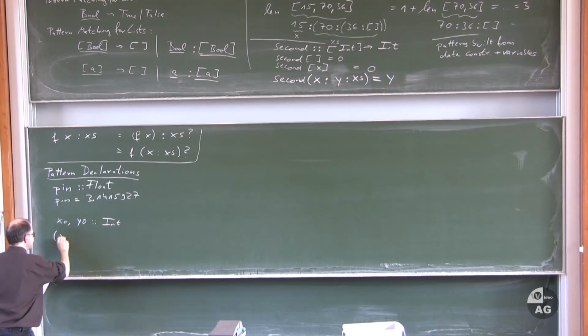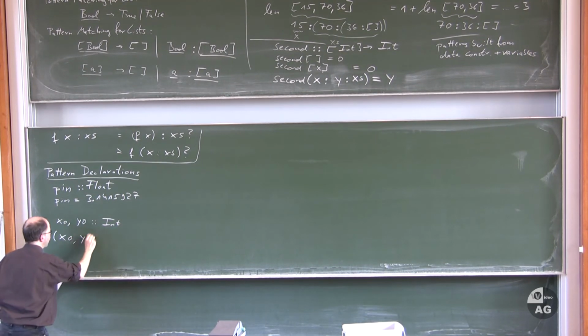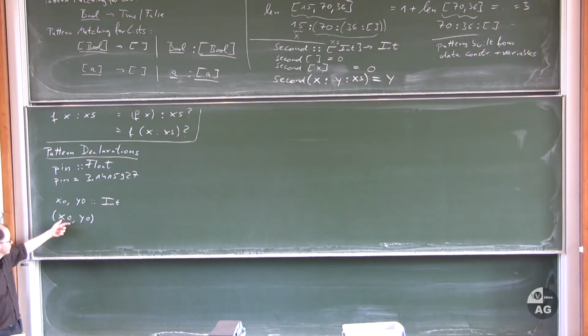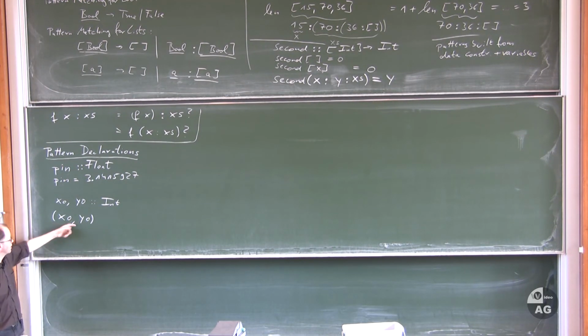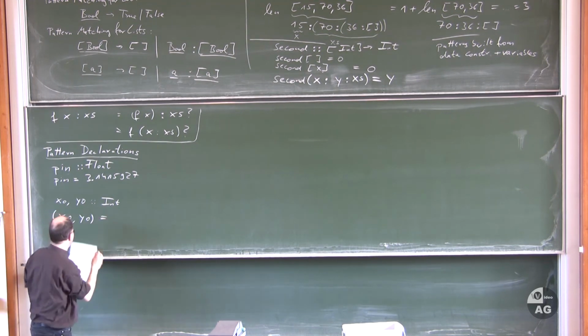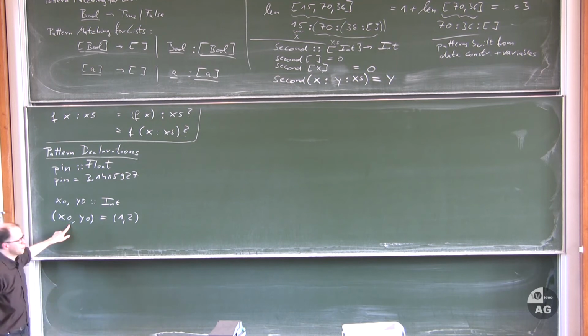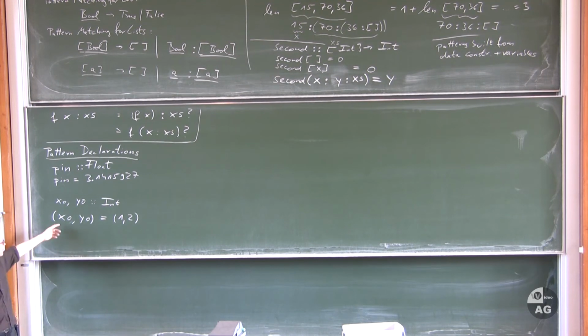And this is now also a pattern, x0, y0. This is the pattern standing for arbitrary terms of integers. But now we say this pattern x0, y0 should, for example, be 1, 2. And if we do this, then now we have declared that in the end, x0 is a constant standing for 1, and y0 is a constant standing for 2.